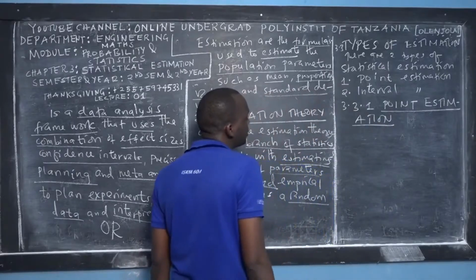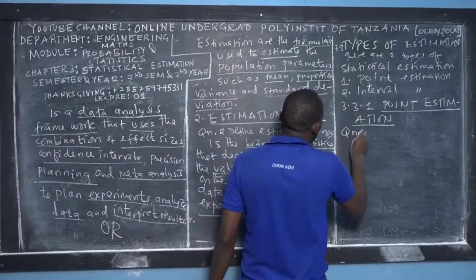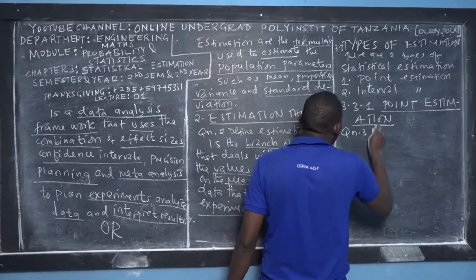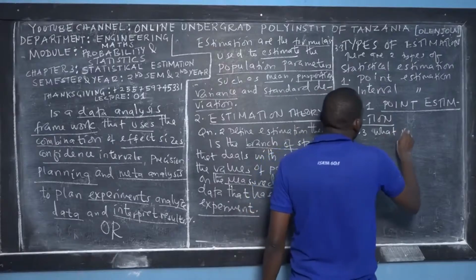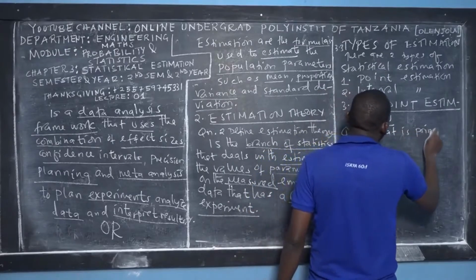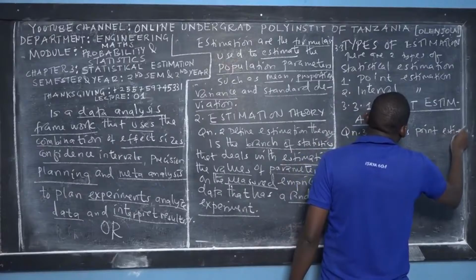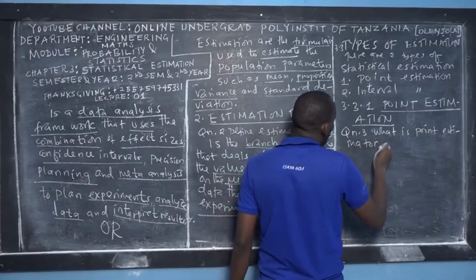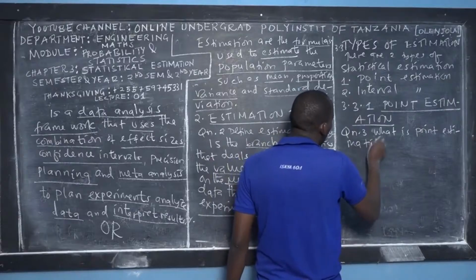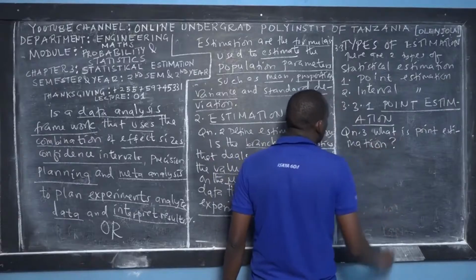Of standard deviation. So the question on the spot is, this is question 3, define: what is point estimator? Or point estimation, sorry. What is the meaning of point estimation?